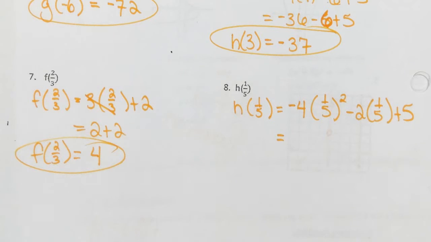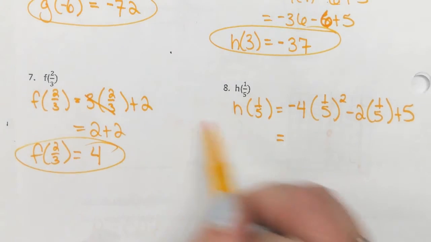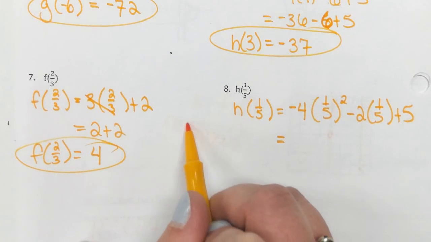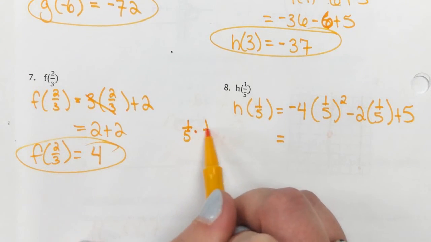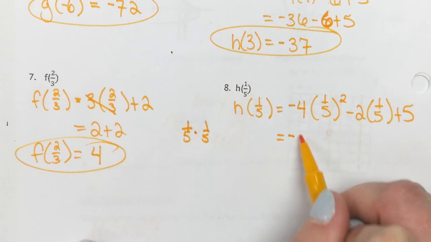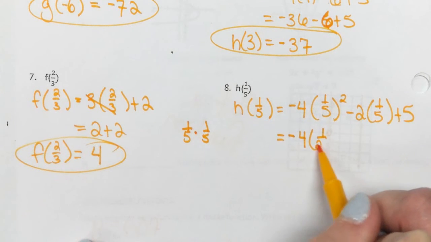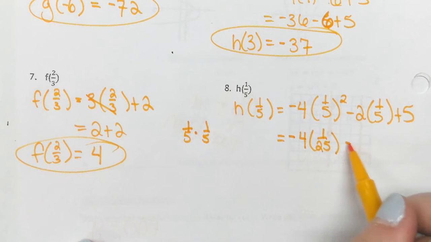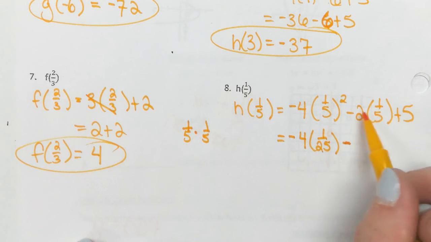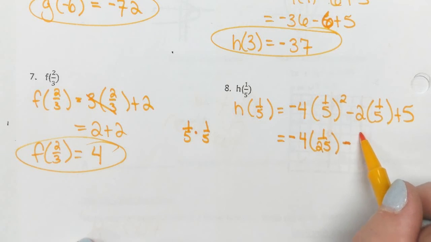You ready? Number 8. How did you get that 3 squared is 9? Like, how did you do that? Multiply by itself, right? So how am I going to do 1/5 squared? I'm going to multiply by itself. So what's 1/5 squared? 1 over 25. Very good. And then how do I multiply these? 2/5.